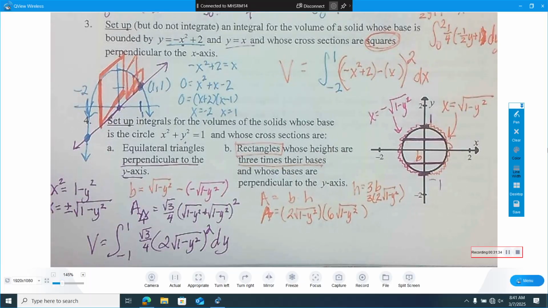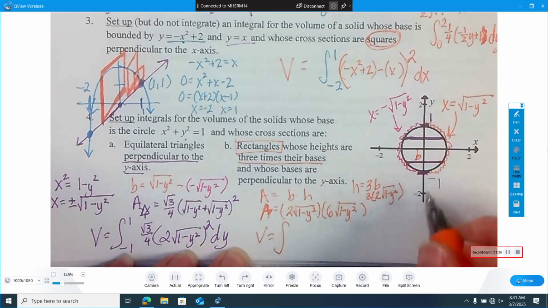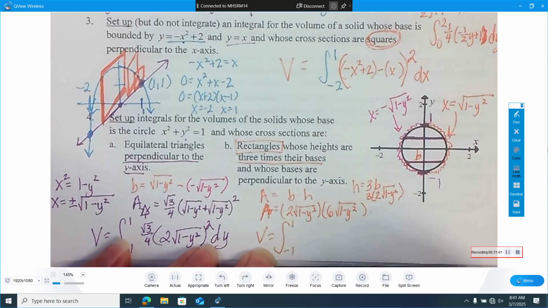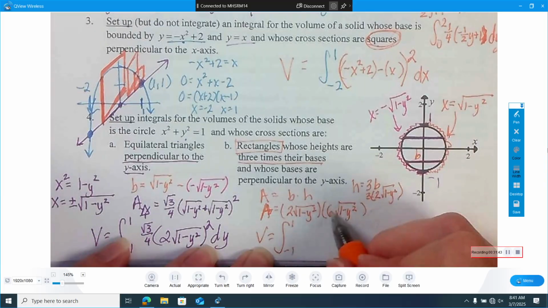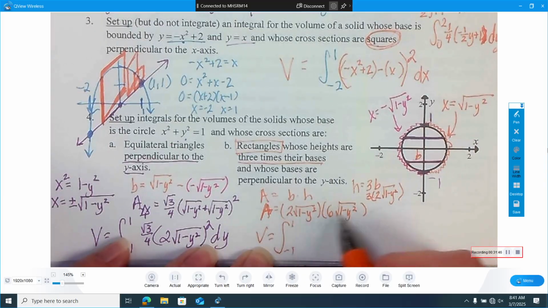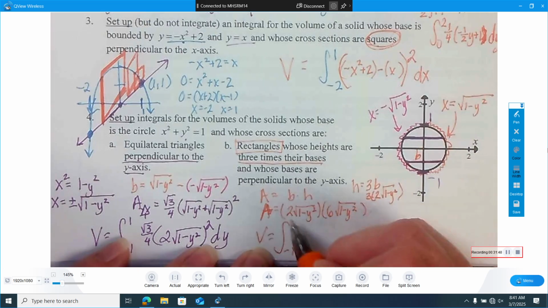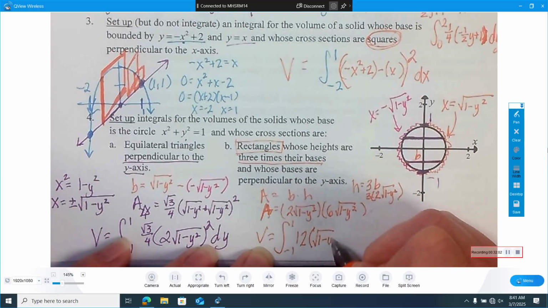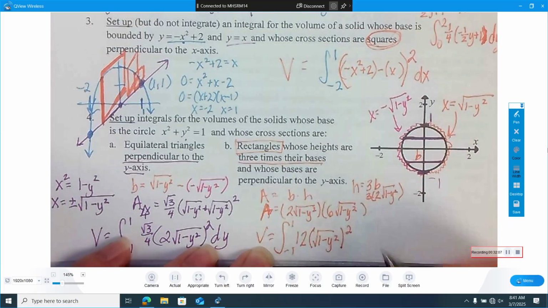All right, so to get the volume, we are integrating once again low to high, so negative 1 to 1 on that y-axis. And, well, let's see, I guess area, I can sort of clean that up. We're just multiplying. 2 times 6 will give me 12. Oh, interesting. And then I guess this becomes 1 minus y squared, squared.